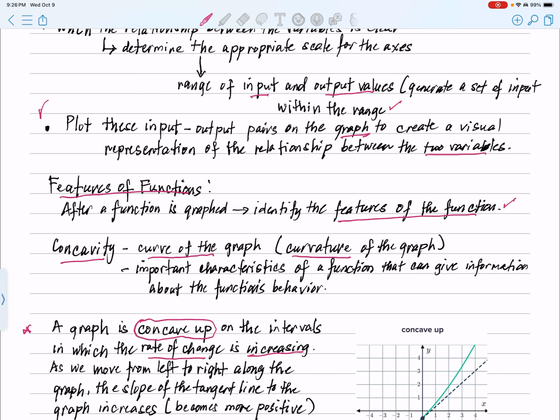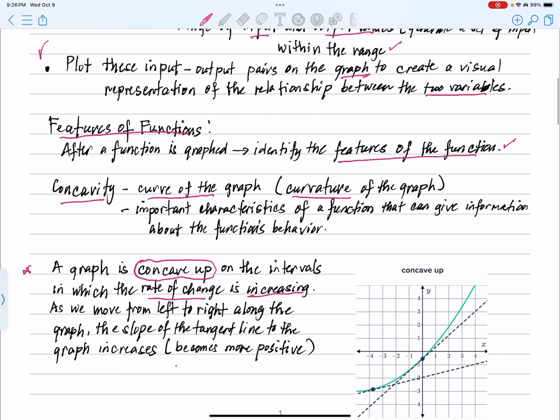One feature is the concavity. So what is concavity? That's the curve of the graph, or the curvature of the graph. And this important characteristic gives information about the function's behavior.